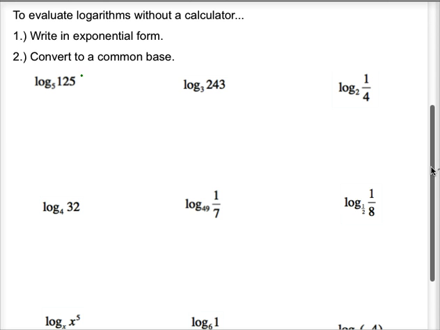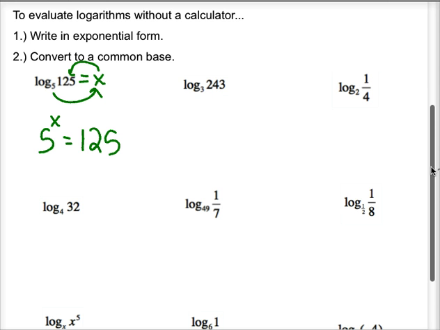So I'm going to set that equal to x. I want to know what that is. So on my paper, I'm going to write equals x. Now I'm going to put it in exponential form. 5 to the x power equals 125. All right, so I need to think to myself, 5 to what power gives me 125?